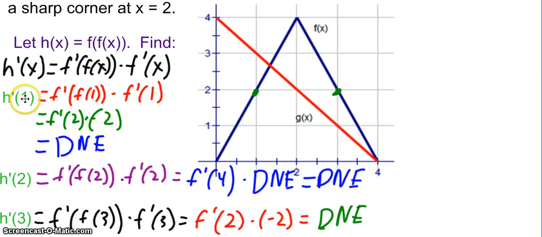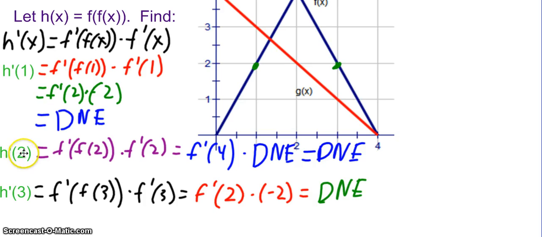So let's first find h prime of 1, that's f prime of f of 1 times f prime of 1. F of 1 is 2, so right here I'm doing the derivative of f at 2, which I know doesn't exist. Alright, h prime of 2, that one fails right away, because f prime of 2, can't do it.